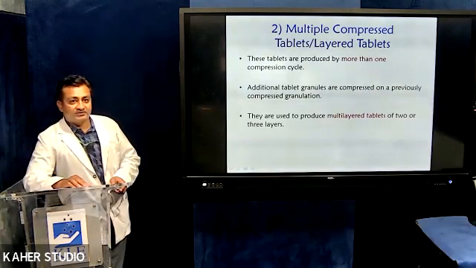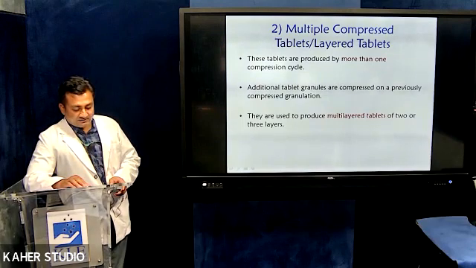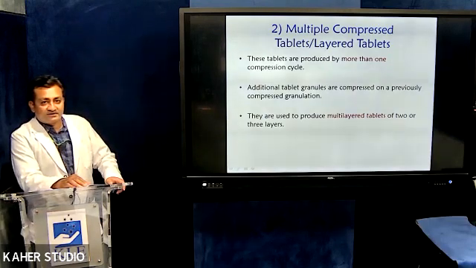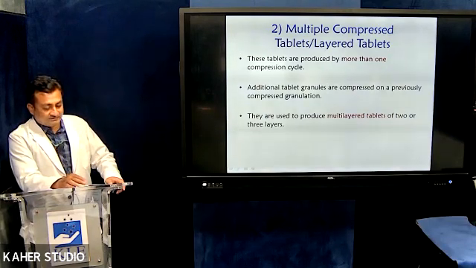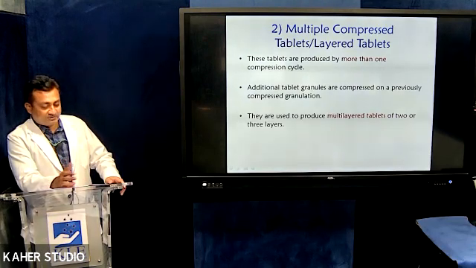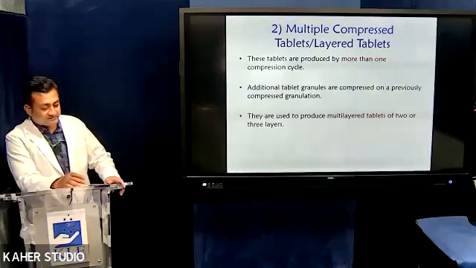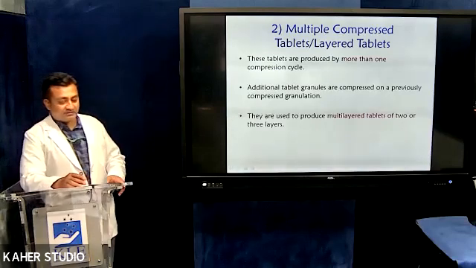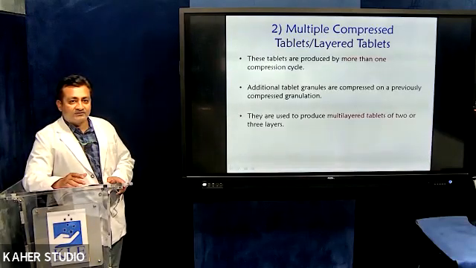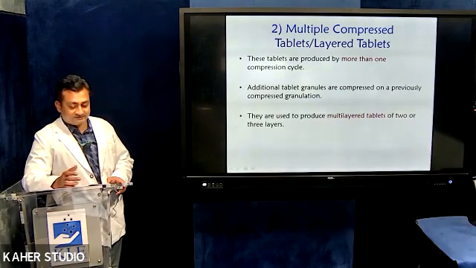These tablets are produced by more than one compression cycle. So additional tablet granules are compressed on the previously compressed granules. So additional means once the compression is done, the second time compression is done with the drug and the excipients. So 2-time compression is done, that is multi-compressed or layer tablets. They are used to produce multi-layer tablets of 2 or more or 3 layers.